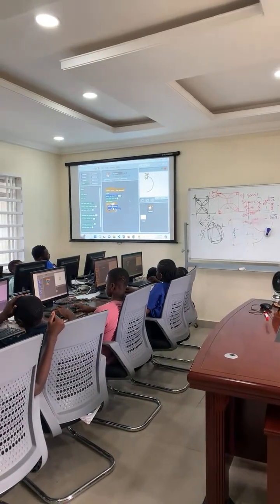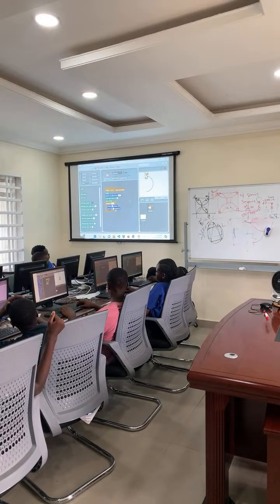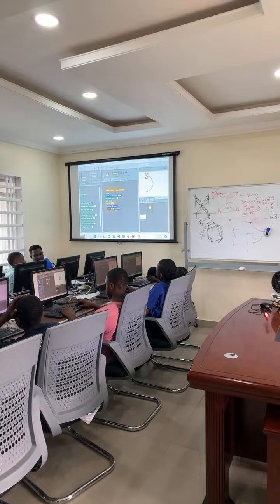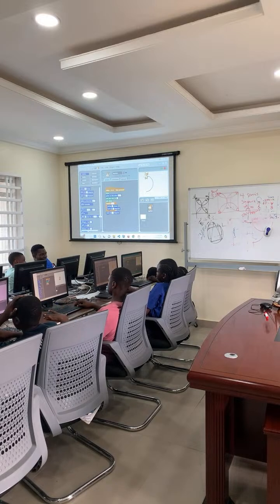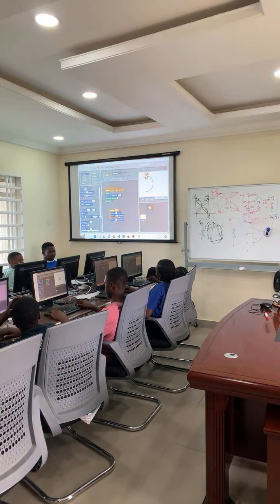So I'm going to leave what I have like this, but at the bottom here, I'm going to tell my sprite to turn 90 degrees. Okay, so it has cleared.